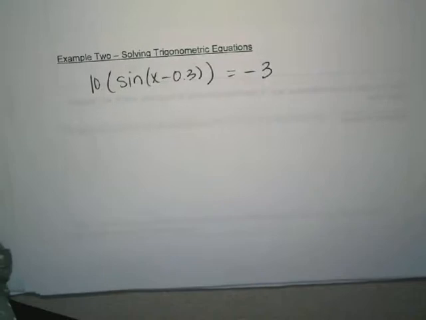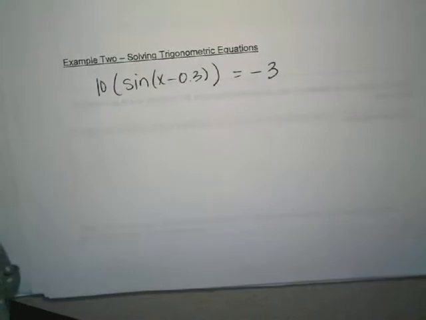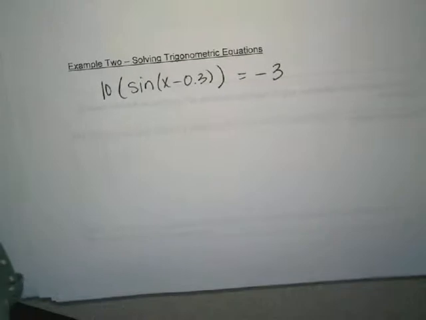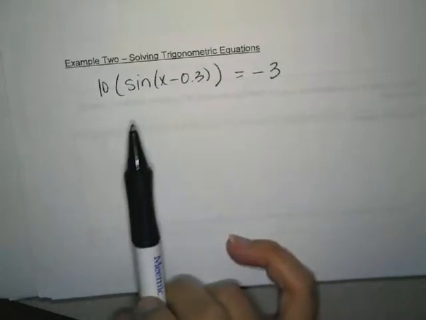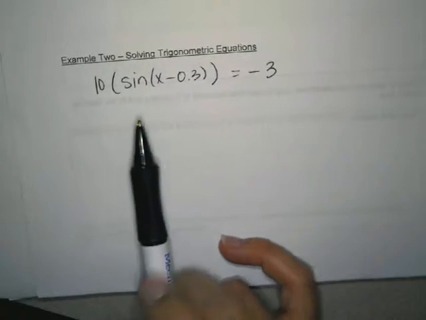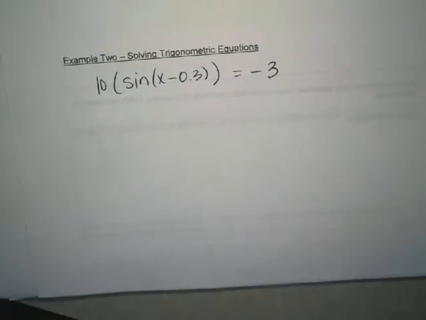Okay? So, let's start with what we know about solving equations in general. We have to get my variable by itself. But where is my variable? X. My variable is x. Where is it, though? In the argument of sine. So if it's in the argument of things, we have to actually get that something by itself.